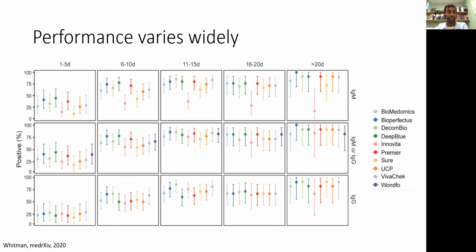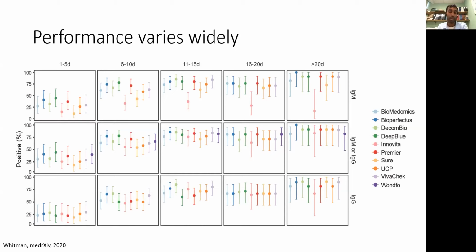And so to dive into some of the data briefly, this is an article that appeared on medRxiv a couple of weeks ago from a group out of the University of California, San Francisco, and Massachusetts General Hospital, which looked at 10 different lateral flow assays and 2 ELISA assays. These are some of the results from this paper.